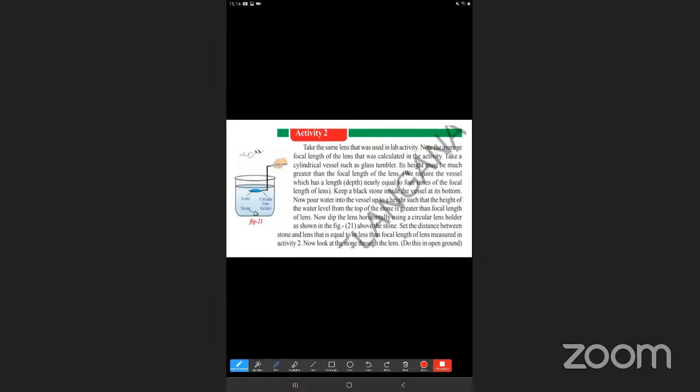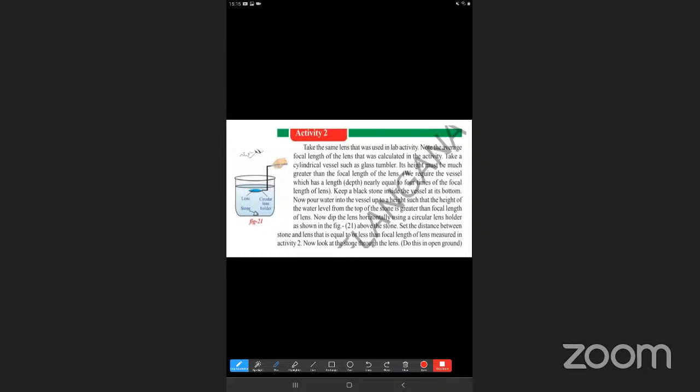So take a cylindrical vessel such as a glass tumbler. Its height must be much greater than the focal length of the lens. Okay, so here we have to take one cylindrical vessel such as a glass tumbler. Now its height must be much greater than the focal length of the lens.